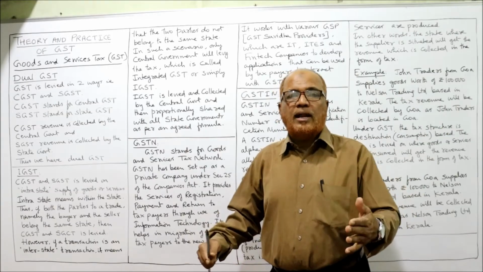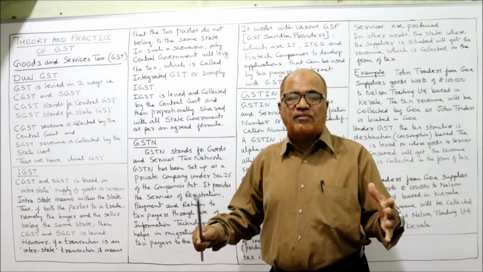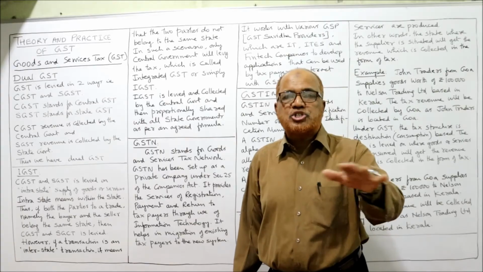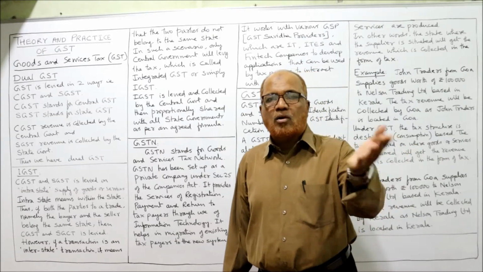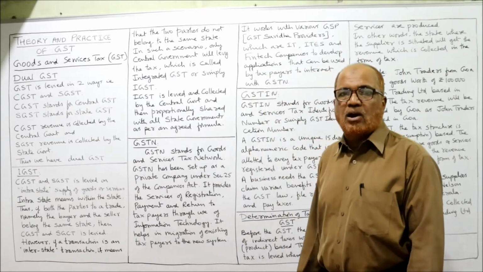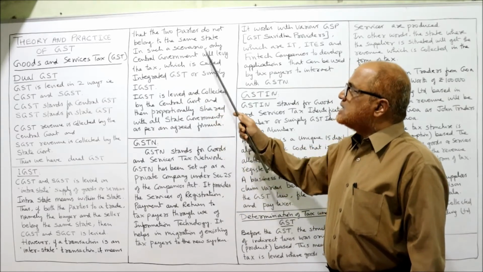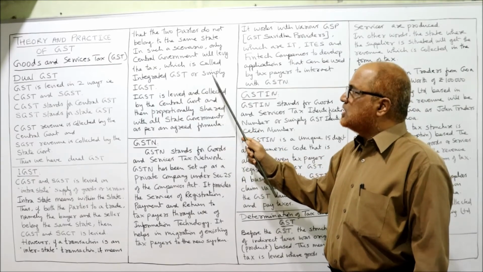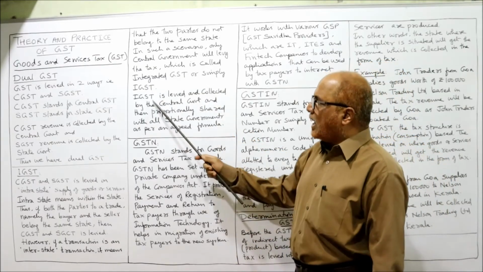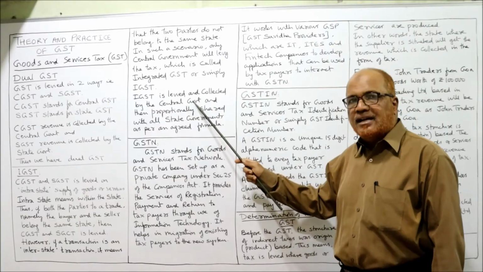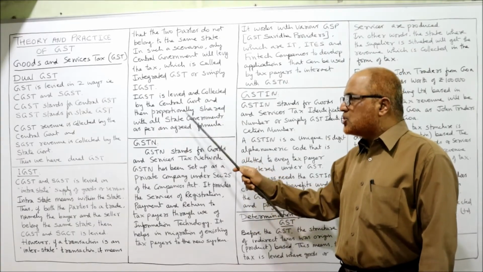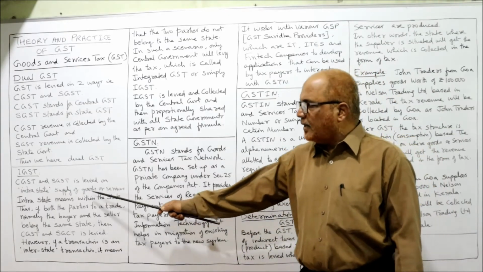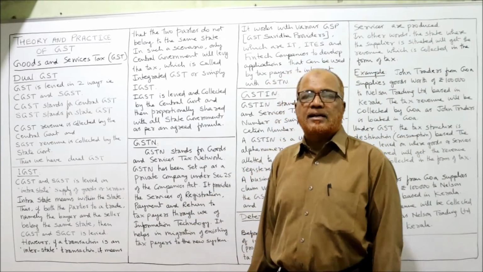Later on, according to a specific formula, the proceeds received from IGST will be distributed between the central government and the state governments. So in such a scenario, only the central government levies the tax, which is called Integrated GST or simply IGST. IGST is levied and collected by the central government and then proportionally shared between the state governments. That is regarding IGST, Integrated GST.